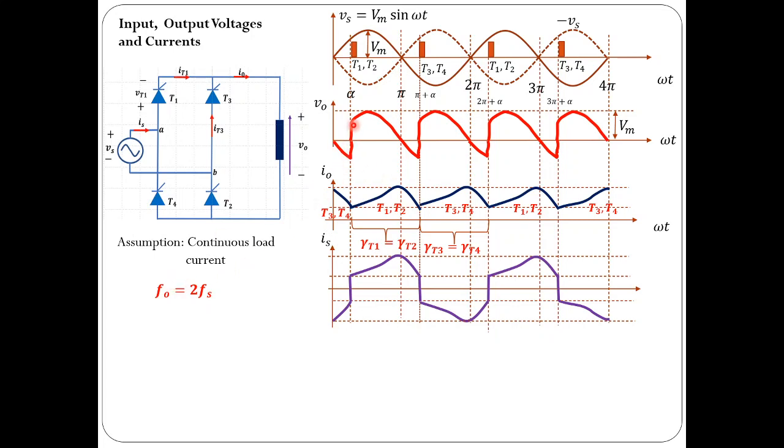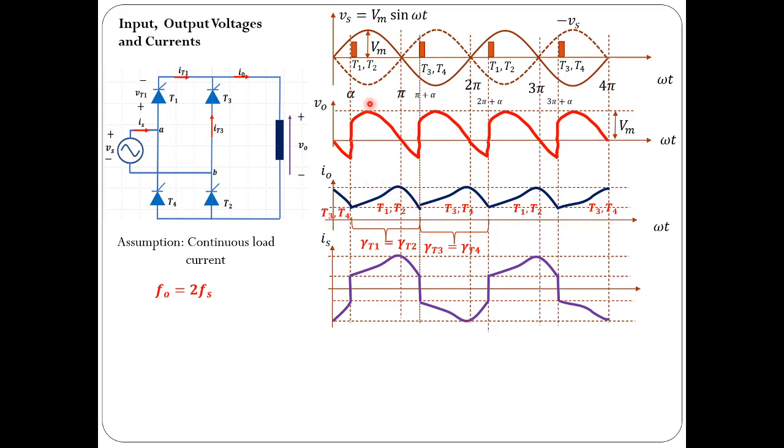You can see that the frequency of the output voltage and output current is double that of the supply frequency. By the time input voltage or input current is completing one cycle, output voltage or output current is completing 2 cycles. So their frequency is double.